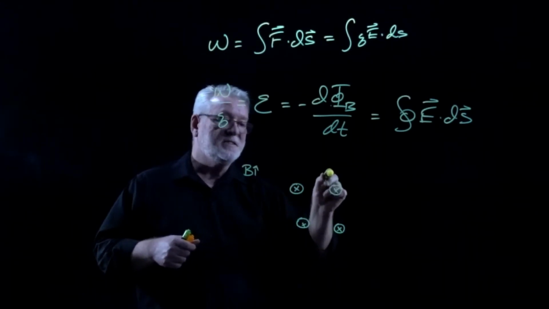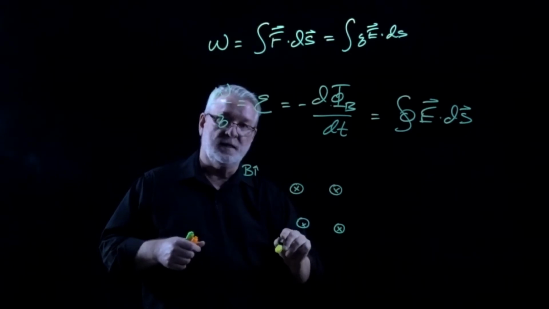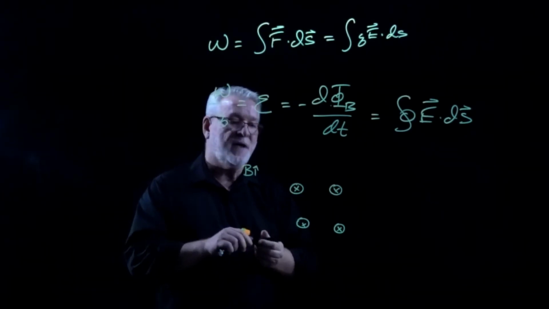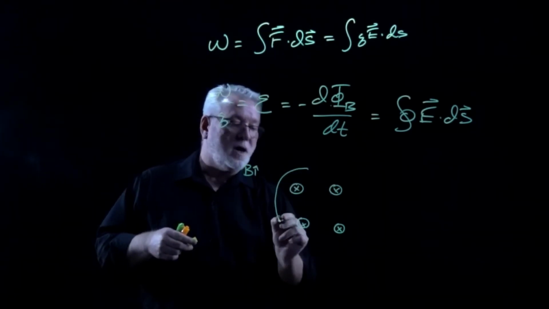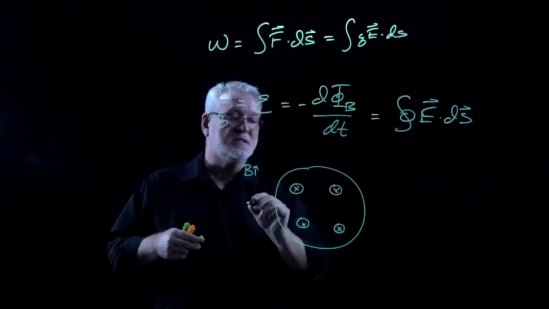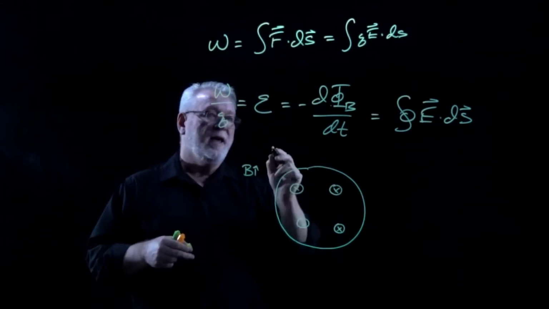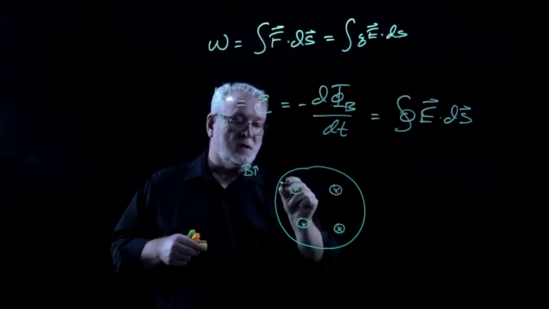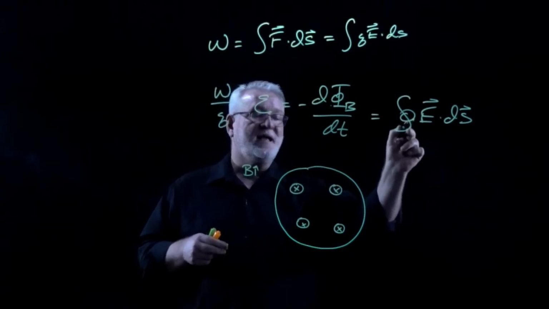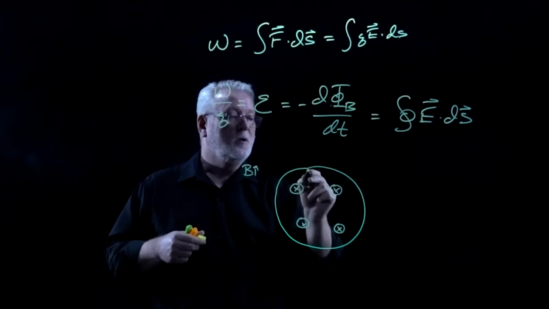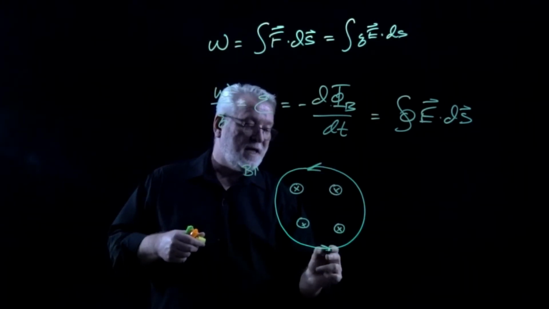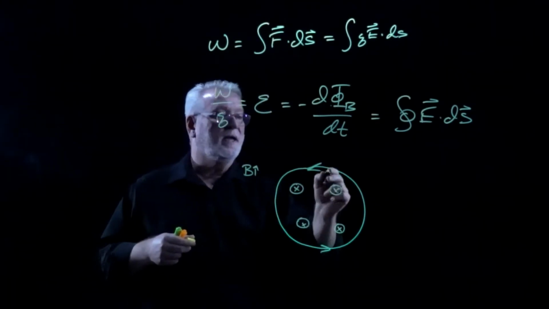But let's assume there is no wire sitting in this location. It's just empty space. I can still draw a path in that empty space. That's a fully closed loop. And what this tells me is everywhere along that path, there will be a tangential electric field, which in reality has a counterclockwise polarity.